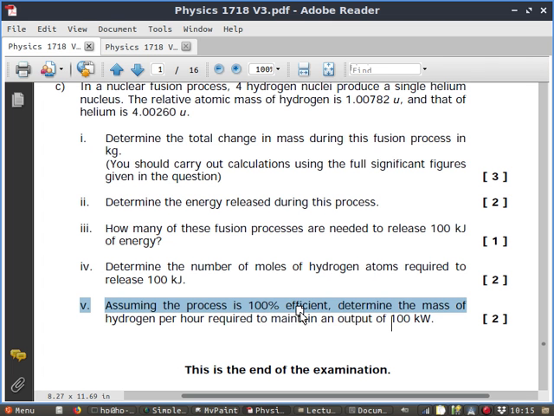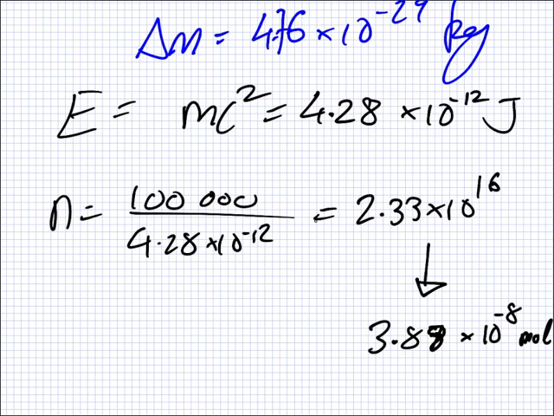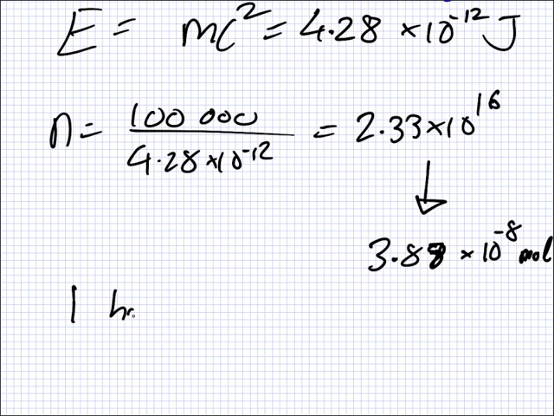Assuming it's 100% efficient, how much mass per hour do you need if you want 100 kilowatts? Okay, so let's just think about this. In 1 hour, we want to have 100 kilojoules, because this means 100 kilowatts.